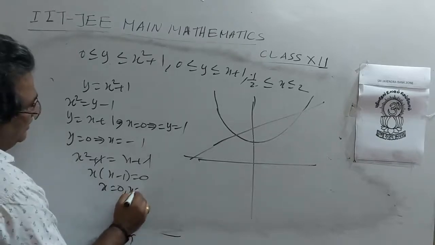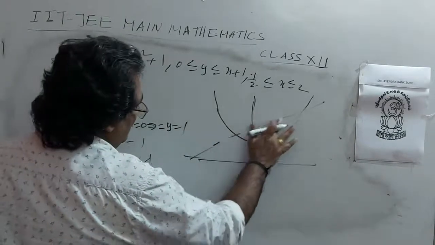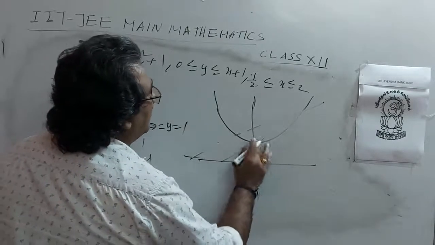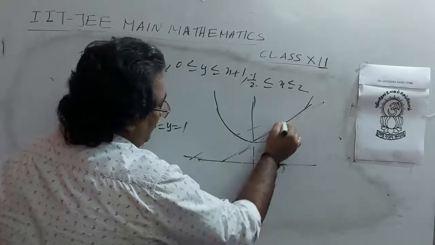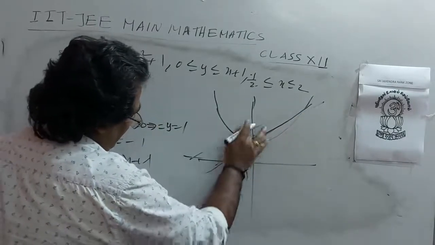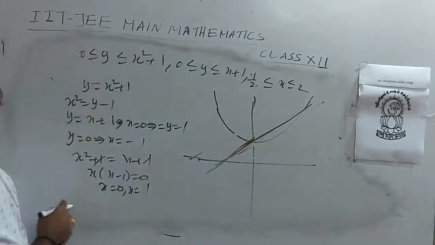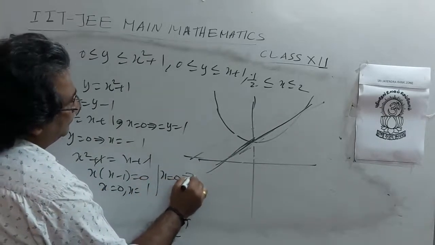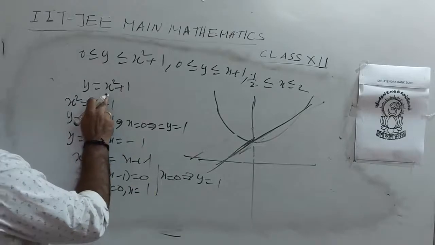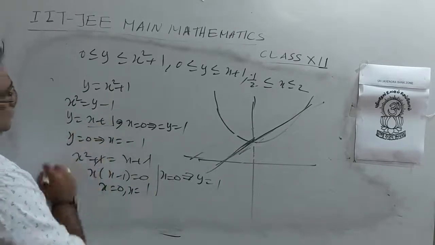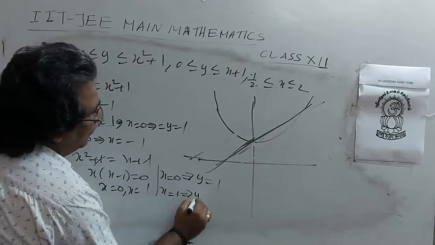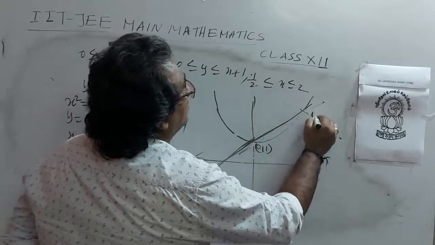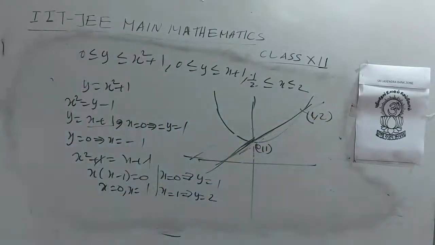X equal to 0, x equal to 1. X equal to 0 means y equal to 1, x equal to 1 means y equal to 2. So this point 0, 1, this point 1, 2. They intersect at these 2 points.